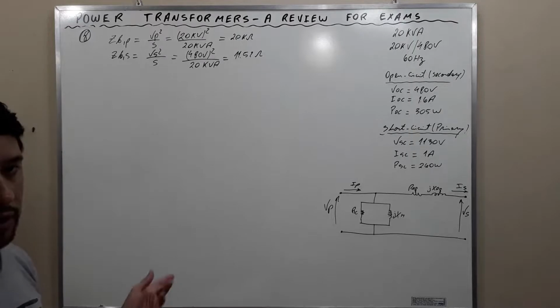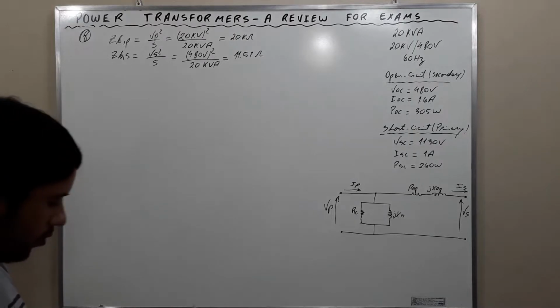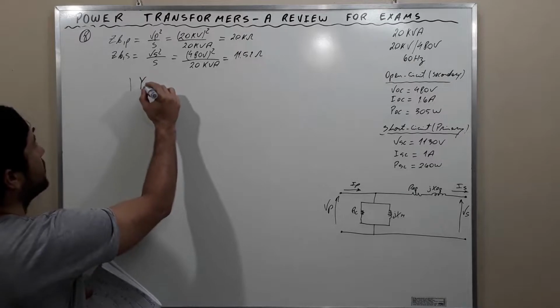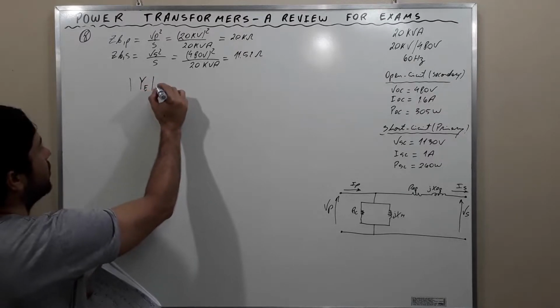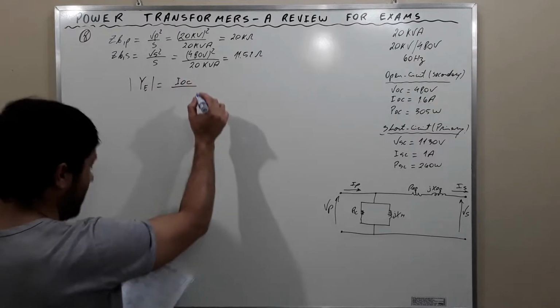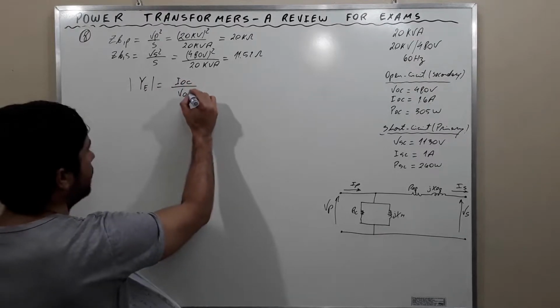From the last exercise, we know that the magnitude of the excitation admittance is IOC divided by VOC.